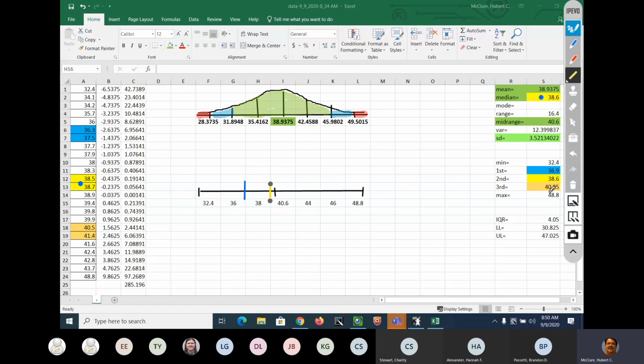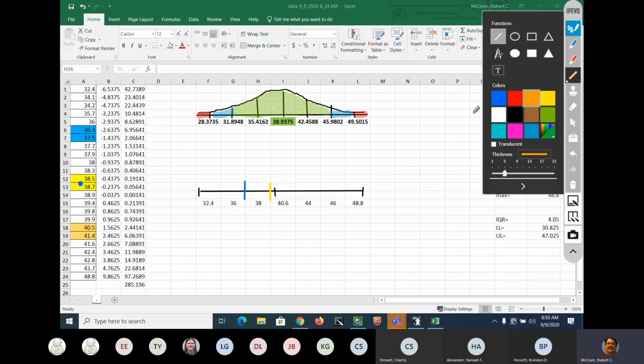And then our orange line at 41. 41 would be right in here. So it looks like we got a normal curve because the yellow is close to the 40. So it looks like we got pretty much a normal curve right here. There's your box plot. Don't judge. Okay, there's your box plot.